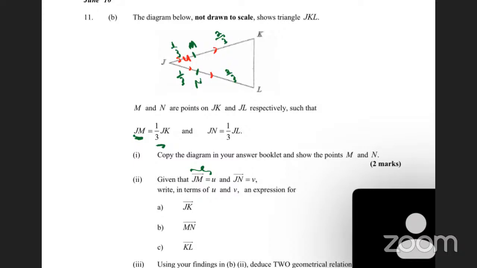Nice. Very good. 2U. Because remember, JM is 1/3, MK is twice as big, 2/3. So if JM is U, MK is 2U. That's all the help I'm willing to give you now. Try and see if you could put in JN and finish up A, B, C for me. Even you have a few minutes.